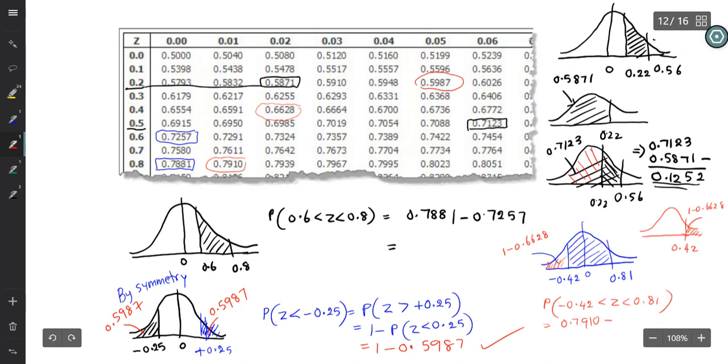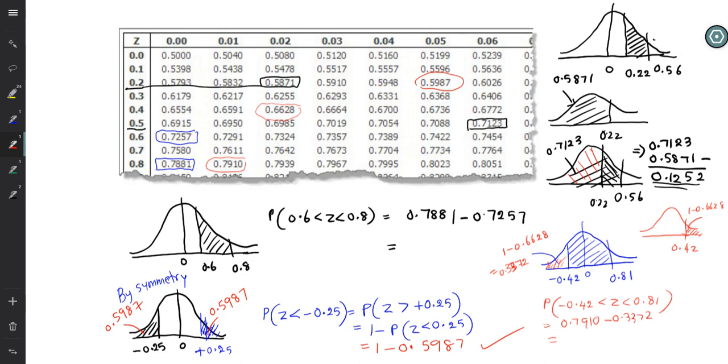You have to subtract the answer you get from this one, 1 minus 0.6621, which is 0.3372. So do the calculation and you can find the area you want.